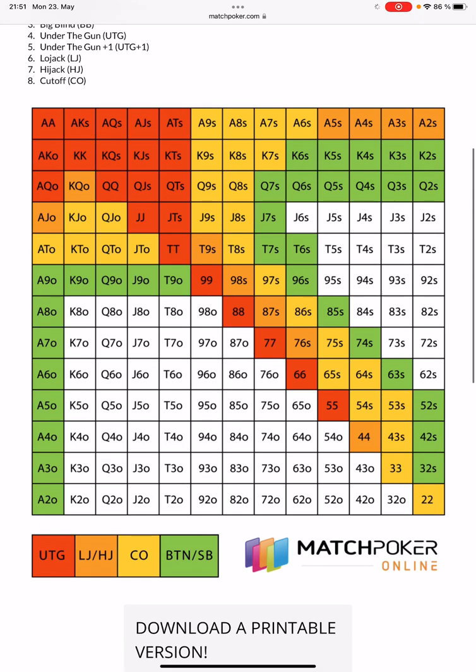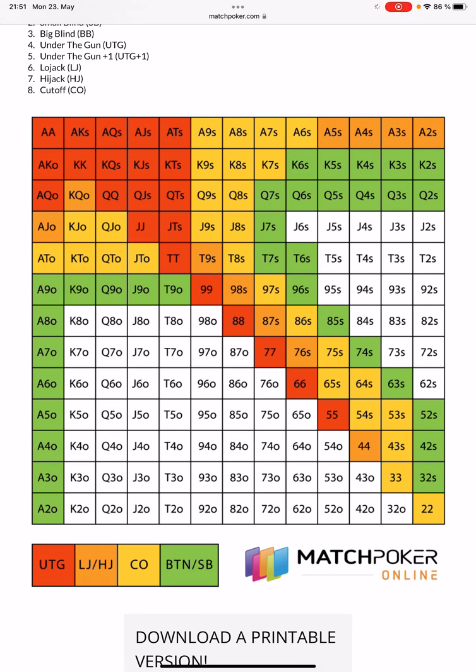Nowadays they talk about ranges of hands that people are playing. Maybe 10 years ago, 20 years ago, people didn't even consider ranges of hands. They basically knew that if somebody raises, then they have either aces, ace kings, or pocket queens. That's all.